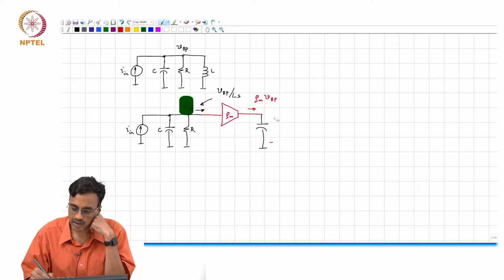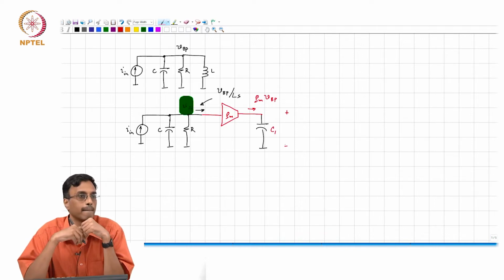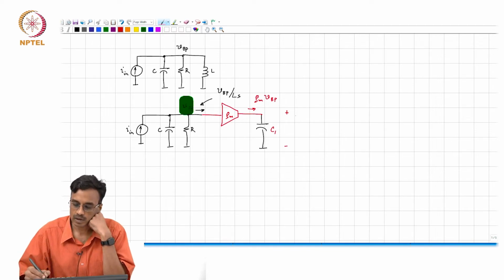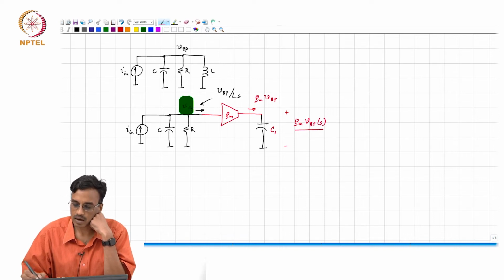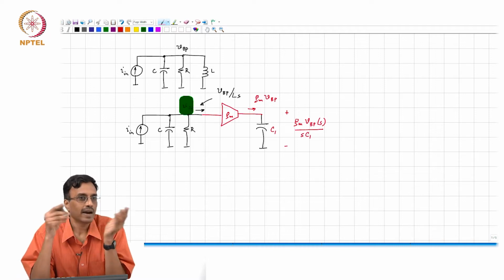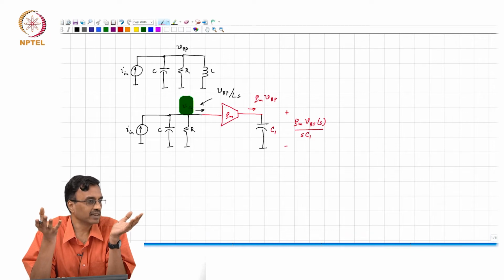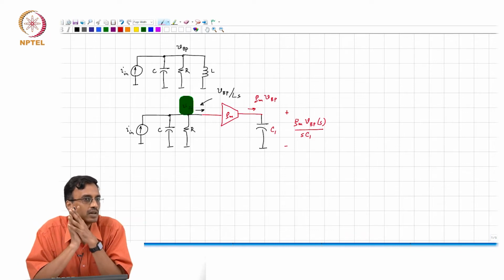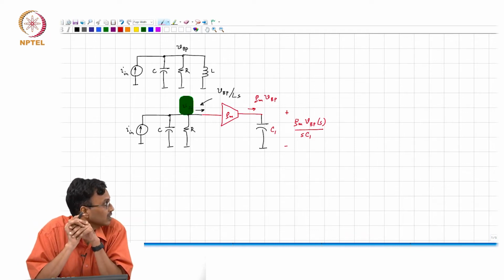If I call this capacitor C1, what comment can you make about the voltage here? It is nothing but GM VBP(s) by sC1, and as we expect, the voltage across the capacitor is indeed an integral of the input voltage VBP.